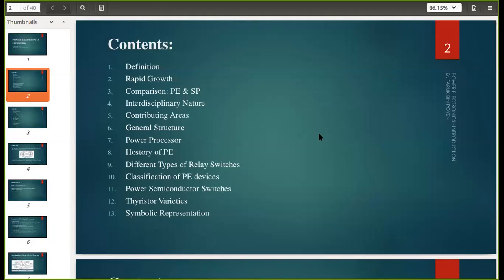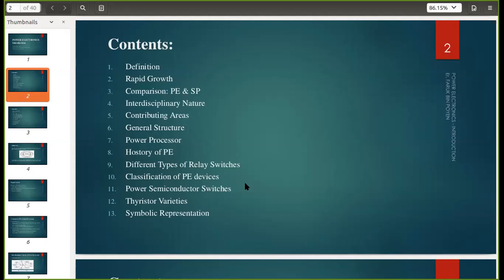Then the power semiconductor switch. We have only studied semiconductors in basic electronics, right? There we saw the energy bands, the valence band, the conduction band, and the gap. If conduction takes place, then they fall under the conduction part, right?